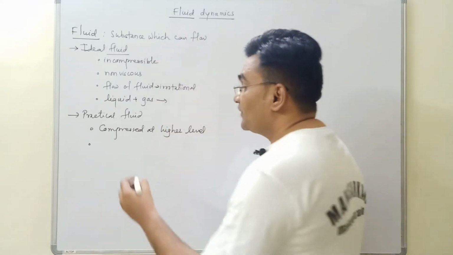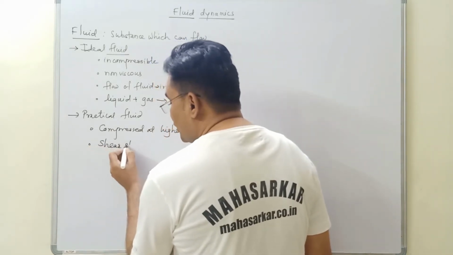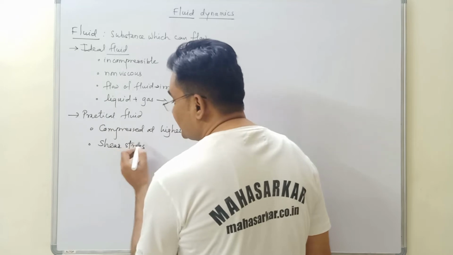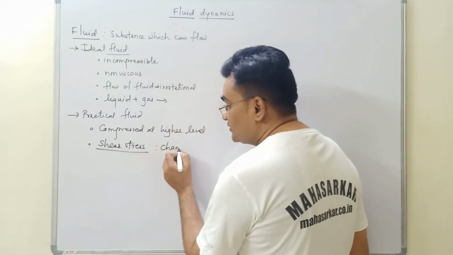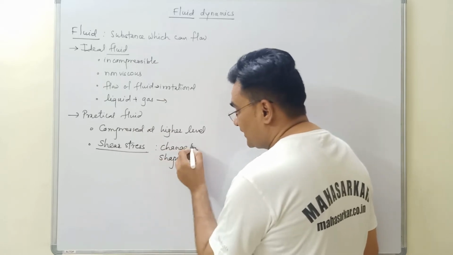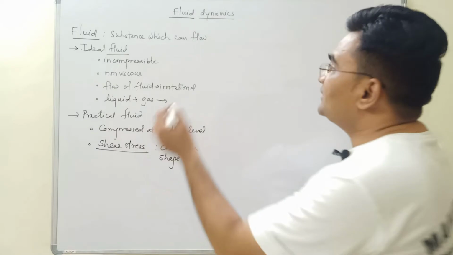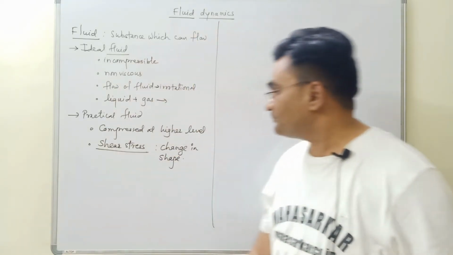Because of that, it has to undergo the stress we call shear stress or shearing stress, that is, a change in shape takes place. These are the basic things we need to recall about fluid.